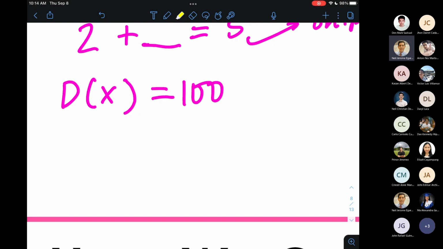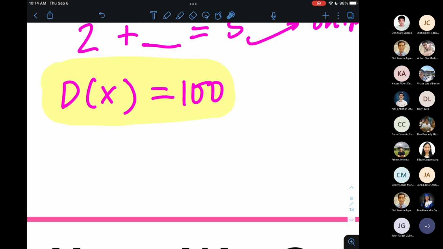Pero yung inverse problem mas mahirap, especially if D of X is a nonlinear function. All right? So I need to solve this equation. D of X equals 100. And medyo malas ako kapag yung D of X ay napaka-komplikado. Sa malamang, kailangan nyo nang gumamit ng mga techniques mula sa Math 175 para ma-solve halimbawa yung resulting nonlinear equation.